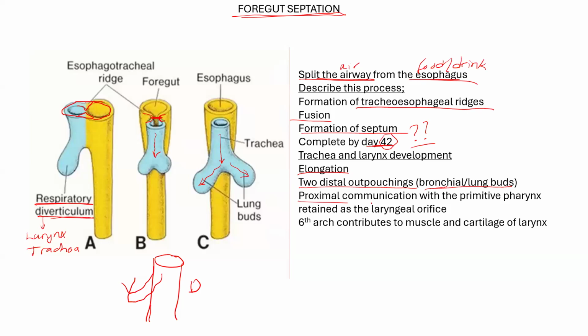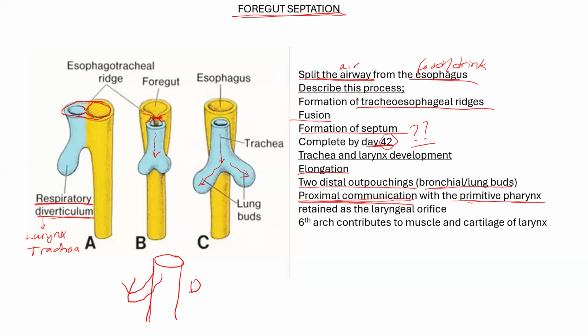Remember, as much as you are carrying out foregut septation, at the most proximal part, you don't want the communication to be sealed off. The proximal communication with the primitive pharynx, the upper part of the esophagus, remember pharynx leads to the esophagus, right?